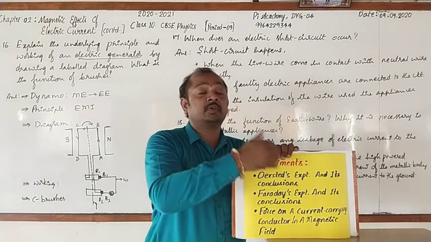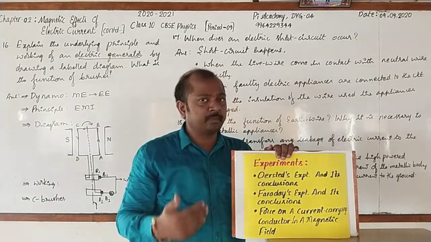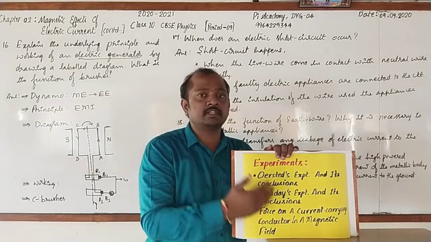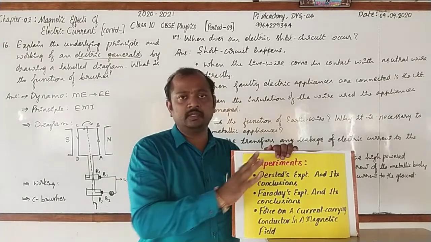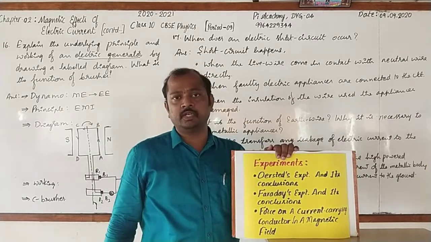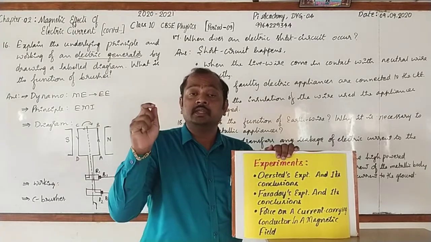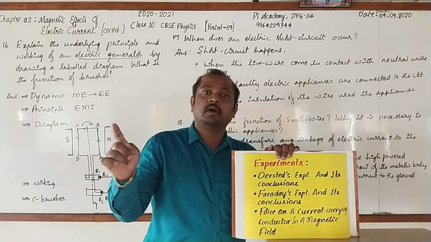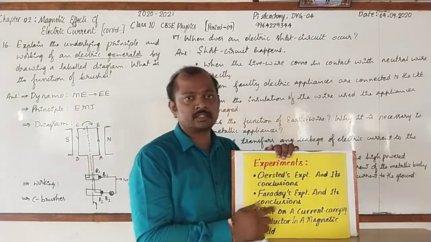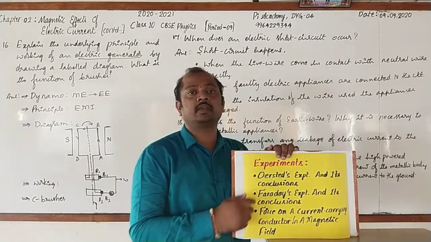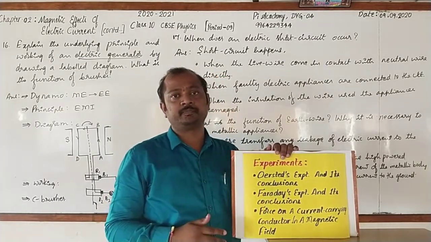And whether the reverse effect of this is possible, this was the question raised by Michael Faraday, and even answered by Faraday only. That means, is it possible for a magnetic field to produce an electric current? Yes. This was proved by Michael Faraday through his experiment.